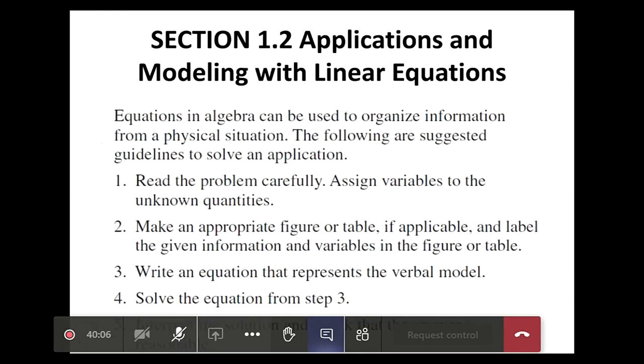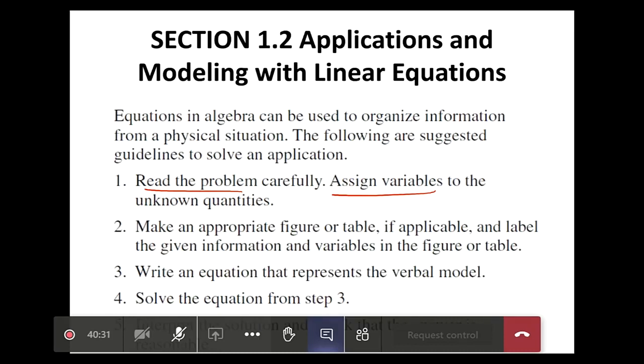Now we have some applications for linear equations. The first step is to read the problem. Assign a variable for the unknown quantity. If we have an unknown quantity, put this unknown quantity as x, y, s, t, any variable.